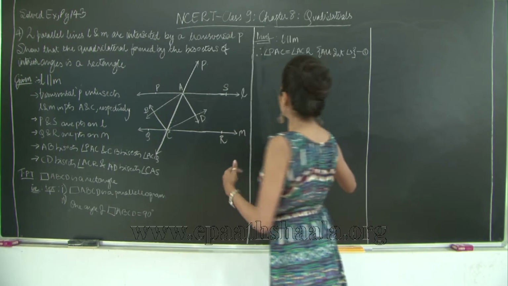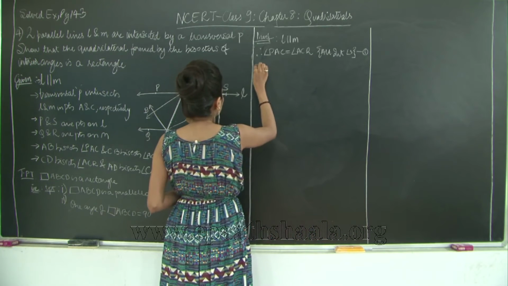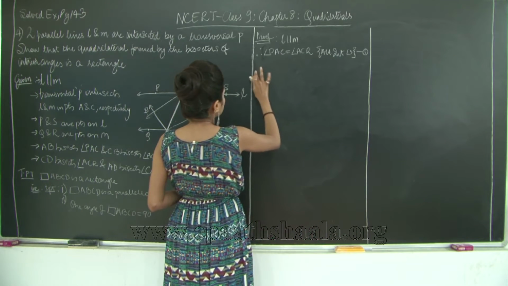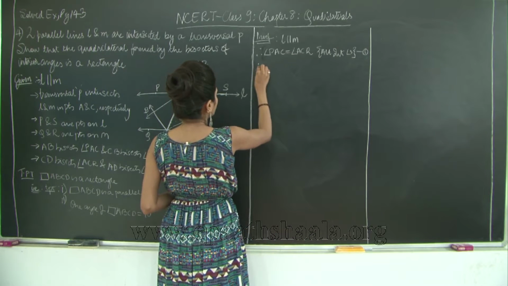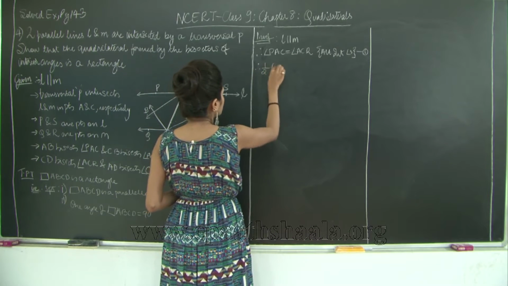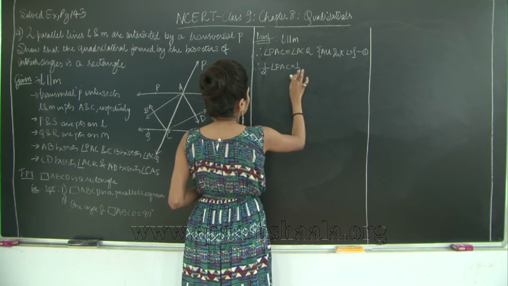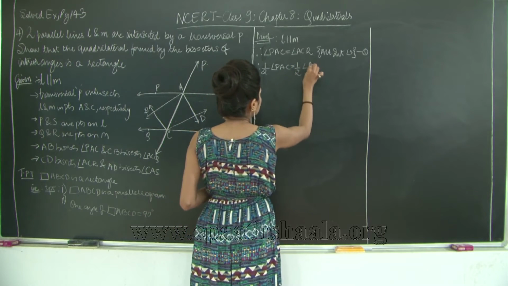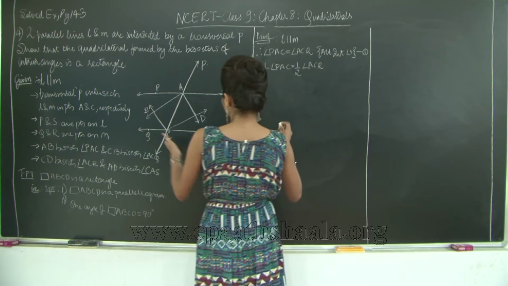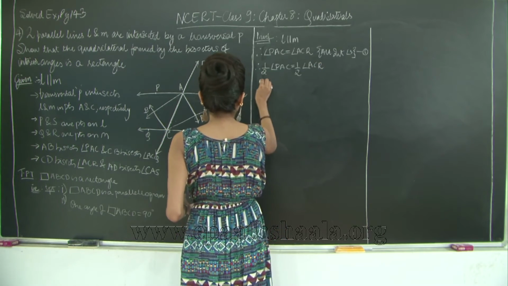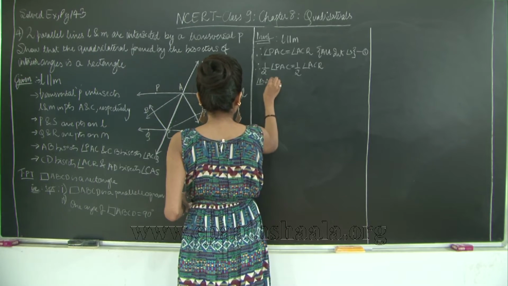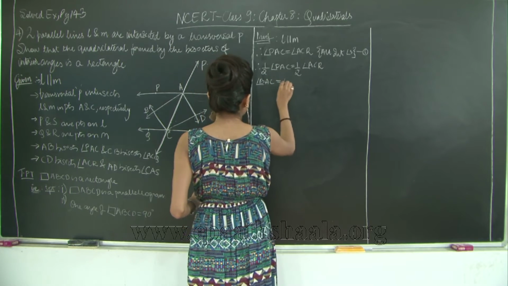Let us write this down. Since we have written this, I will say therefore, half angle PAC is equal to half angle ACR, which is angle BAC is equal to angle ACD.